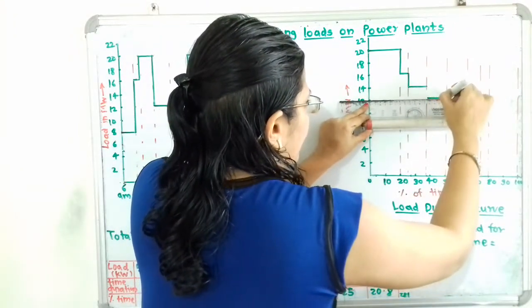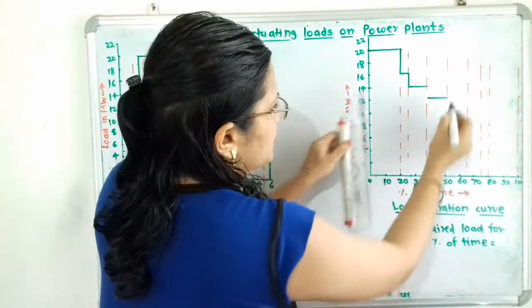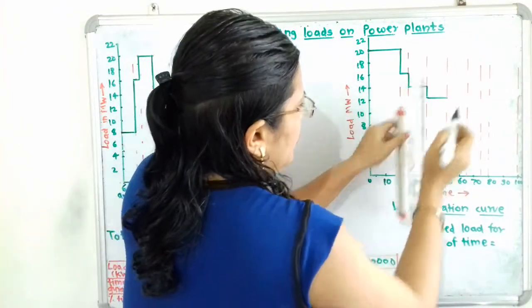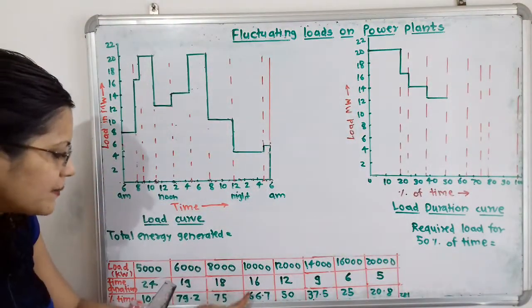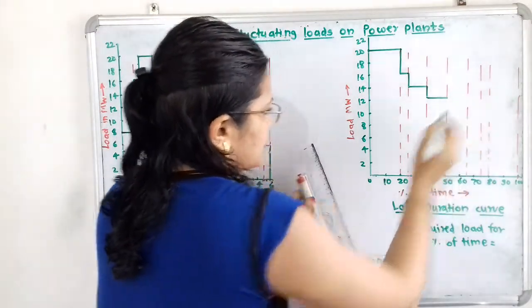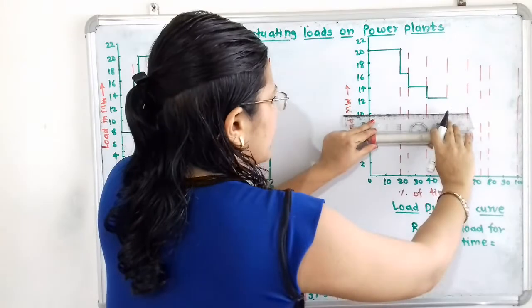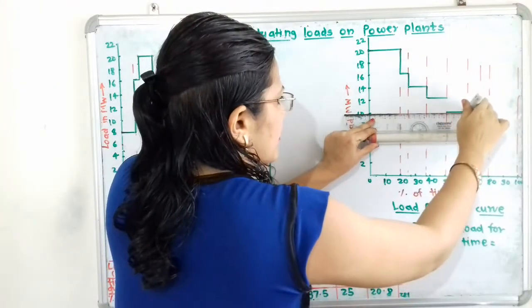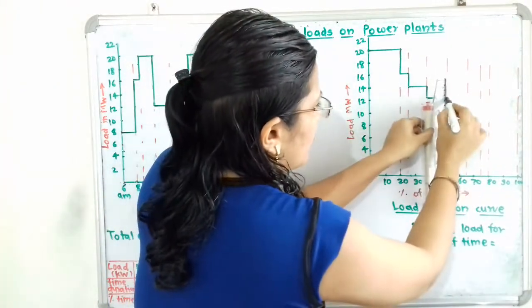So for this 12 I will draw the line up to this 50% and join this corner. Then again 10 megawatt, 66.7. So here is the line for 66.7 and the load is 10 megawatt. I will join these corners.